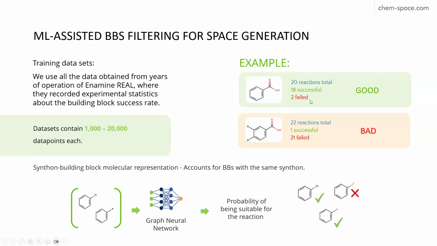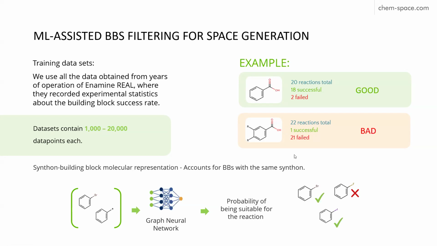And in just 2 cases, this reagent failed. So that's why it's qualified as good. And for example, for this reagent, Enamine did 22 reaction setups, and in just 1 case the final product was successfully obtained. So it means that the reagent was qualified as bad.